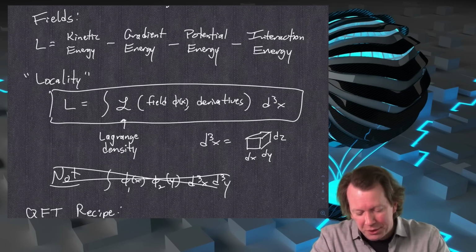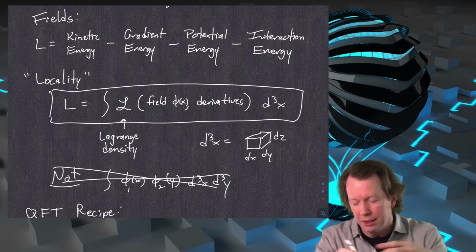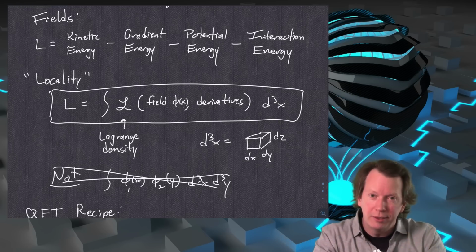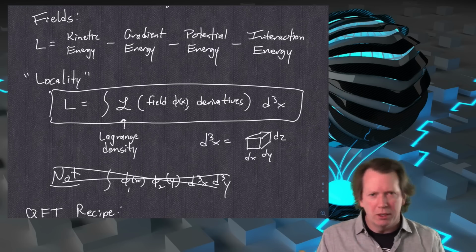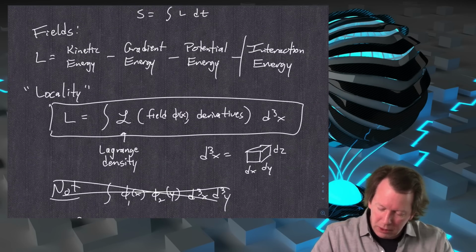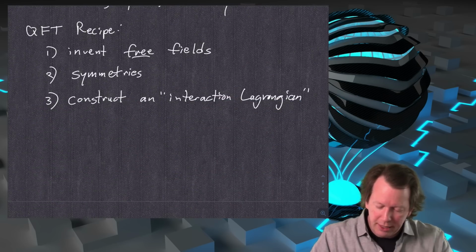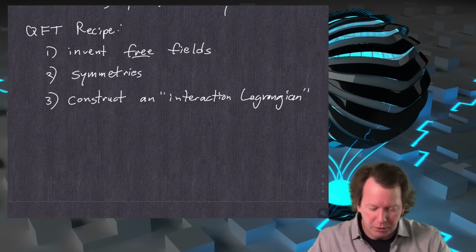So they will often refer to this curly L thing, the thing that you integrate over all of space to get the Lagrangian, as the Lagrangian. So I will do that too. So curly L is really the Lagrange density, but we call it the Lagrangian, okay? So this term here, interaction energy, is the interaction Lagrangian, the thing that we will integrate over space to get the actual Lagrangian.